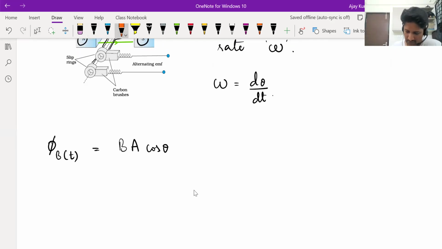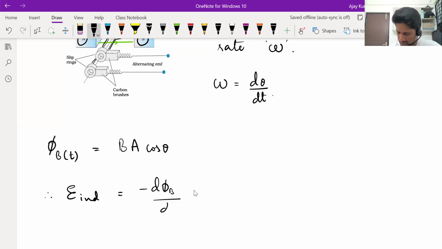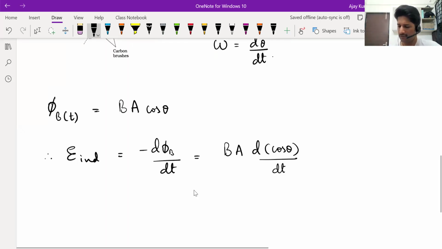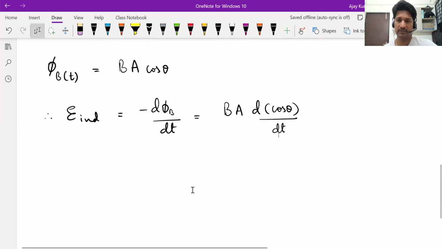Therefore, the EMF induced in the coil, according to Faraday's law, is minus d phi B by dt, or you can just take the magnitude. For now, I'm writing the minus. Finally, if there's a negative sign, we'll ignore it. Differentiate this. B and A are constants. You'll only have to differentiate cos theta with respect to time. Can one of you tell me what is the derivative of cos theta with respect to time?